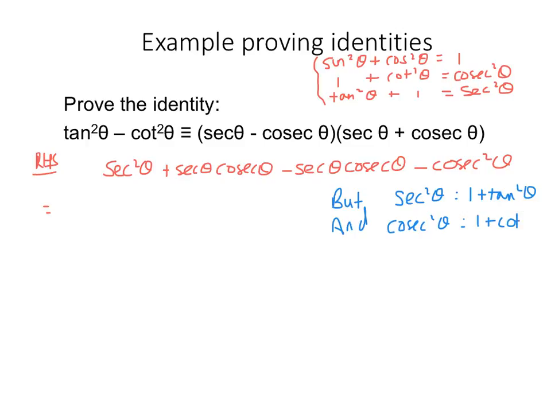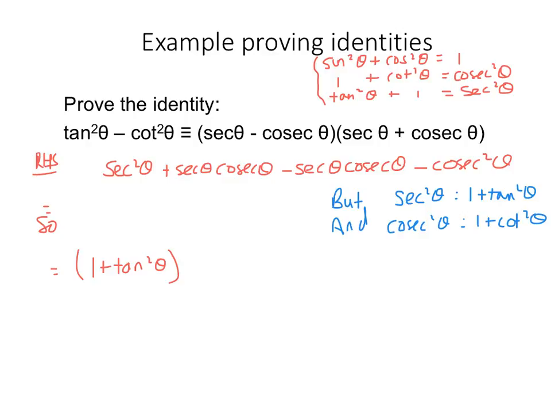Now in an exam you should always write down which identities you are using or subbing in. So that will give me sec squared theta, which will become 1 plus tan squared theta.